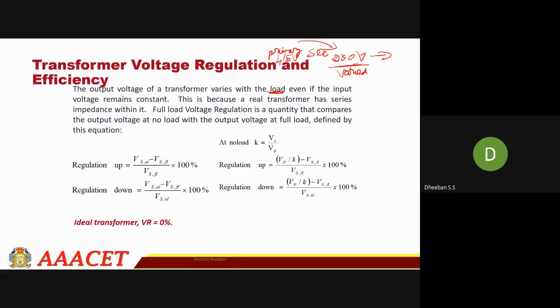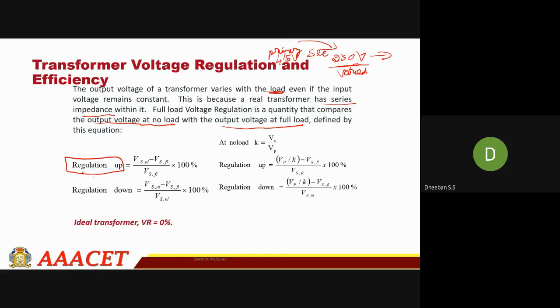This is because a real transformer has series impedance within it. So the full load regulation is a quantity that compares the output voltage at no load with the output voltage at full load. So you have to regulate the transformer. The definition is: regulation equals secondary voltage at no load minus secondary voltage at full load, divided by secondary voltage at full load.